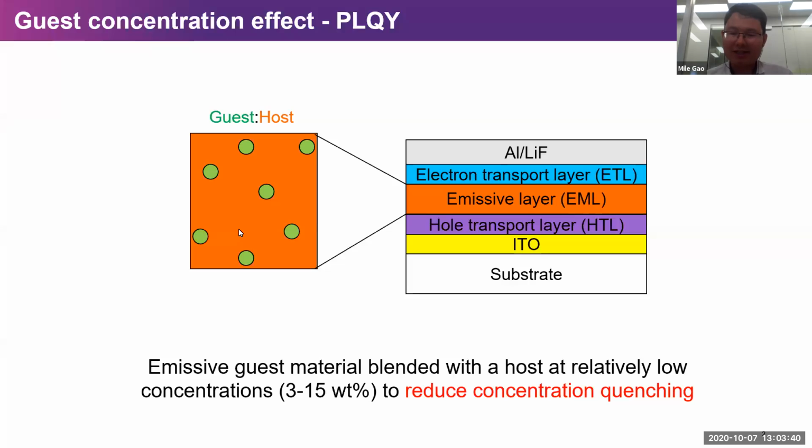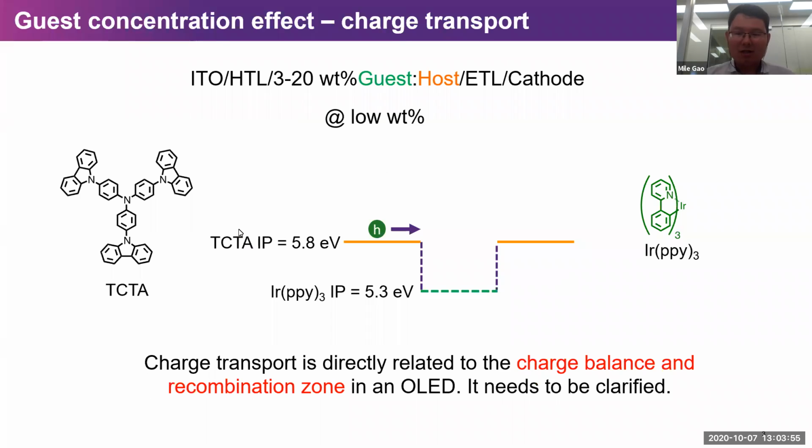It has been well studied that with a concentration increase of guest material, the photoluminescence quantum yield, or the PLQY, will decrease. But there's another effect of the guest concentration, which is the effect on the charge transport in the emissive layer. For example, the commonly used host material, TCTA, has an ionization potential of 5.8.